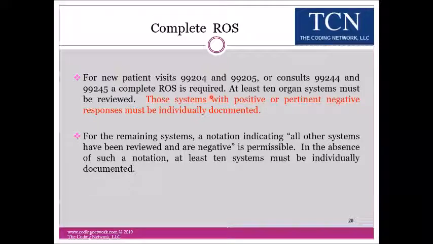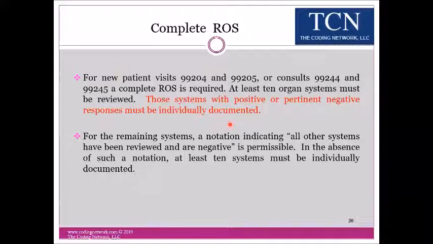a complete review of systems is required. That means at least 10 systems must be reviewed. And those systems with positive or pertinent negative responses must be individually documented. Do you need to individually document all of them? If the rest are negative, you don't need to.